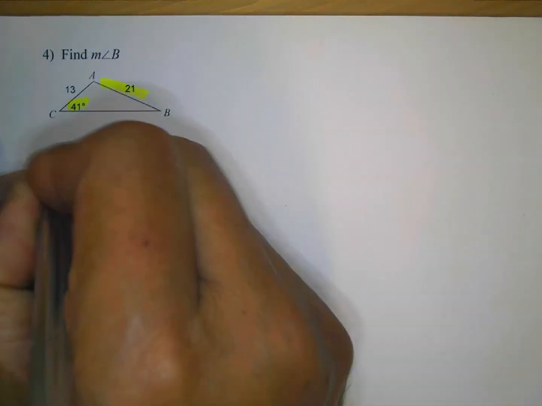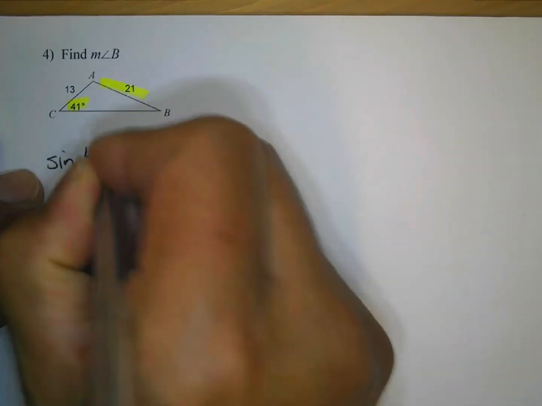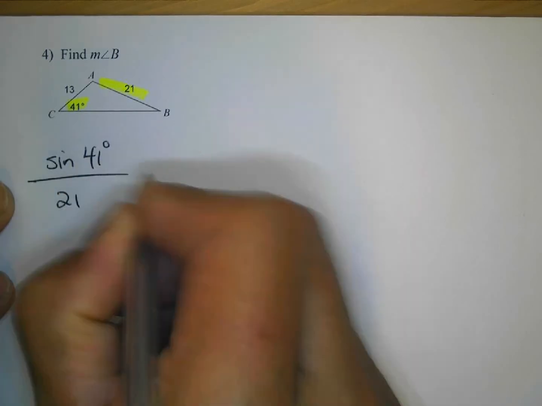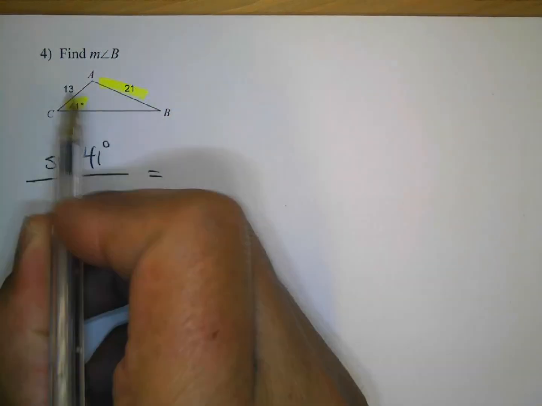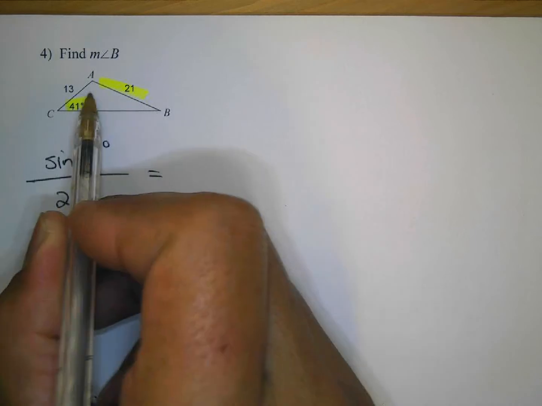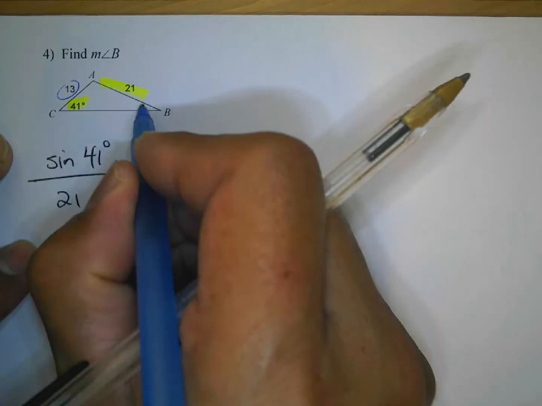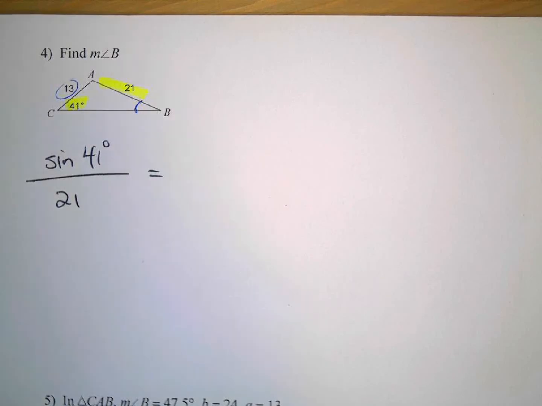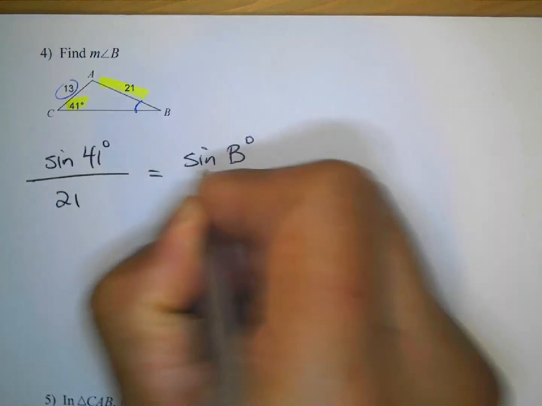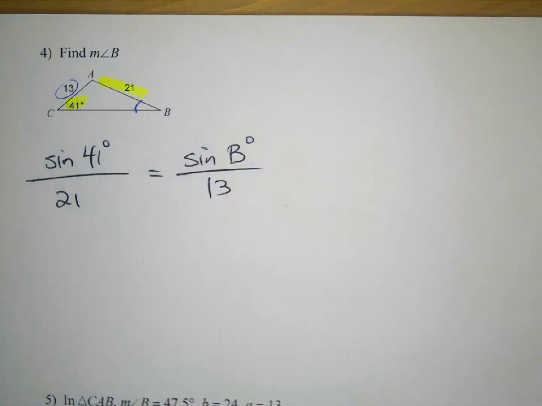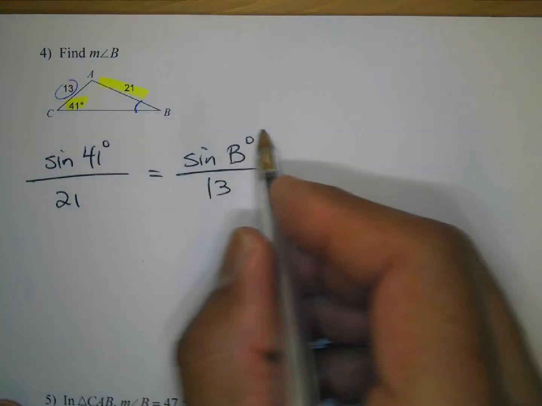So sine of 41 over 21 equals, and here they want you to find angle B, and that's good because it's corresponding to the other side that you know and the angle that you're trying to find. So that'll be sine of B over 13. You're going to cross multiply.